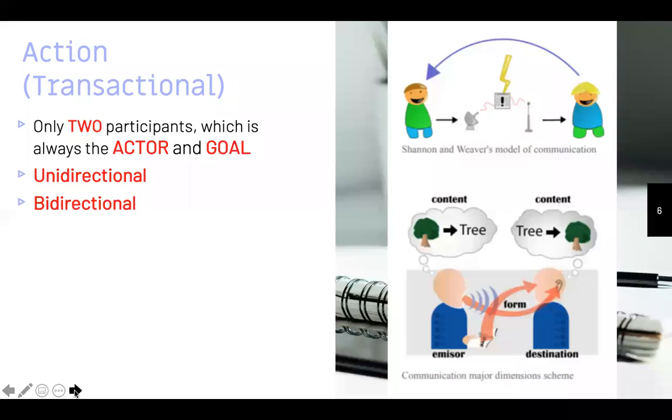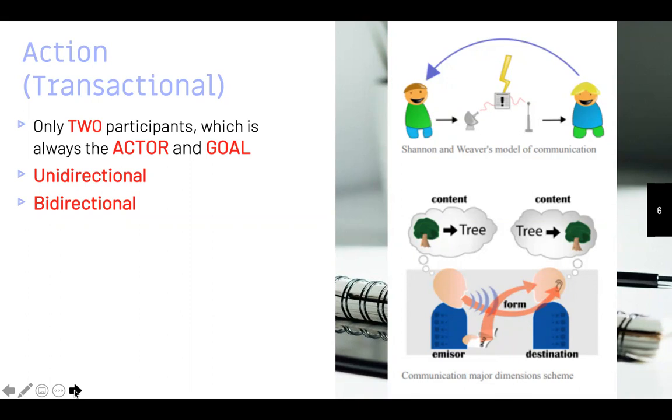All right, the first one is action. For action that is transactional, we need to have two participants. We have the actor and the goal. It can be unidirectional or bidirectional. For example, the first image at the bottom there, we have two participants.